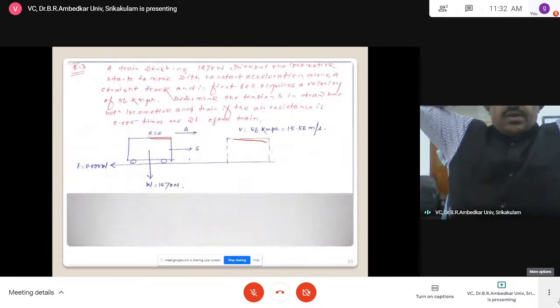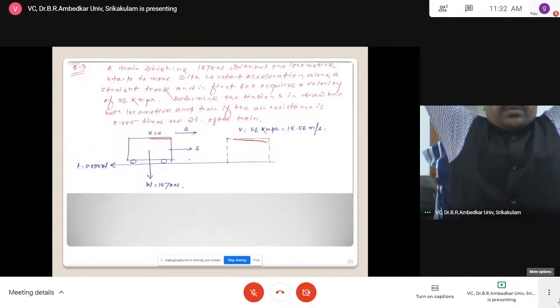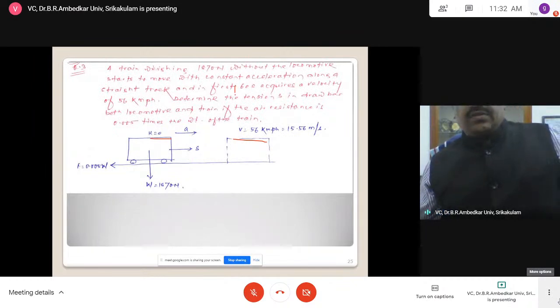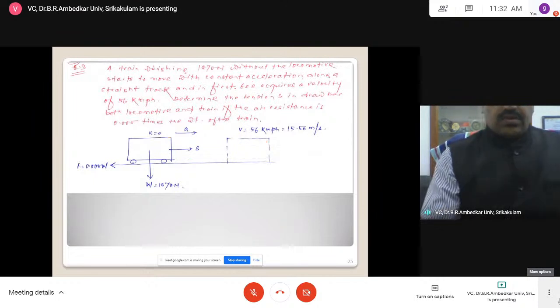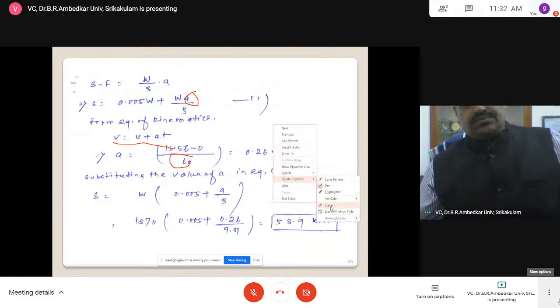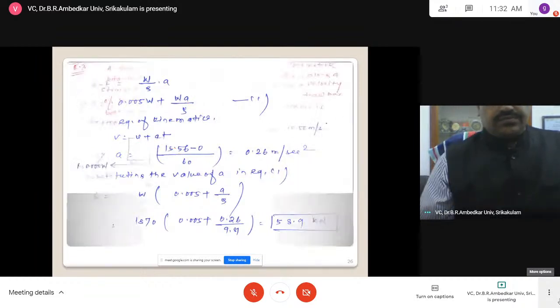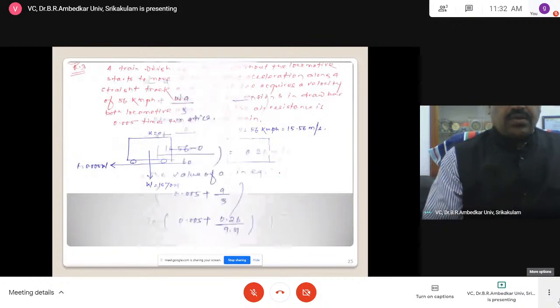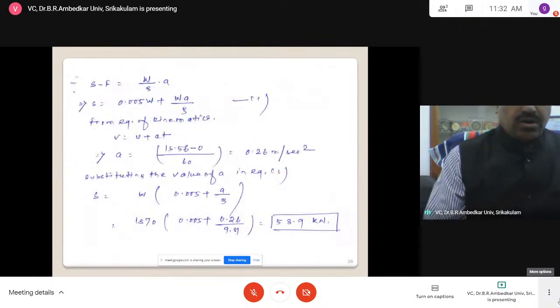The locomotive starts and acquires the velocity in 60 seconds. That's why 60, substitute. Now the total tension in the string you find.